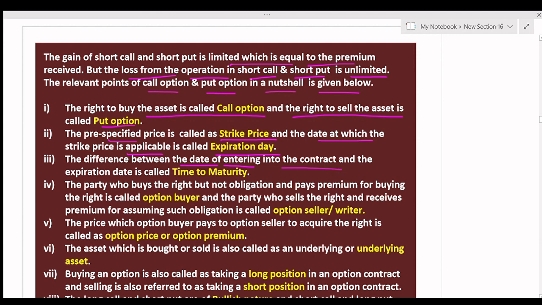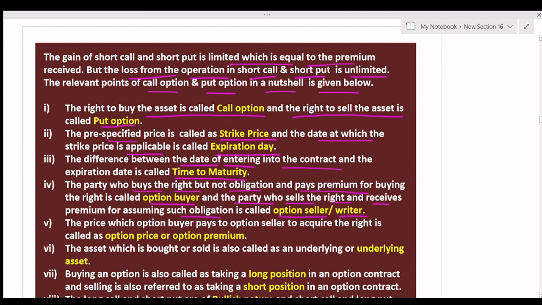The party who buys the right but not the obligation and pays a premium for buying the right is called the option buyer. And the party who sells the right and receives a premium for assuming such obligation is called the option seller or writer.